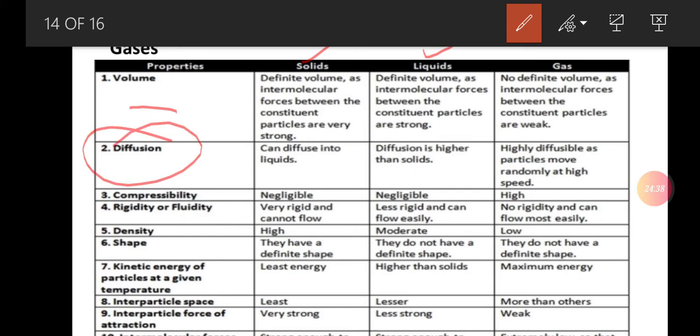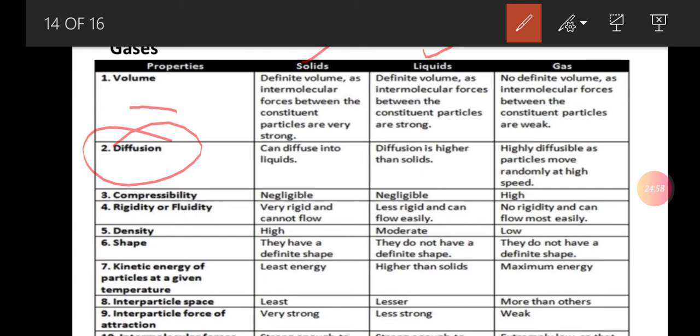Diffusion. Solids can diffuse into liquids, wherever they find a space they will diffuse. Liquid diffusion is higher than solids, whereas in gases, diffusion actually depends on the random movement of particles.